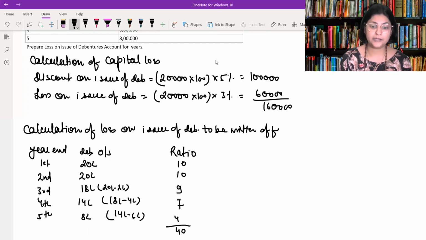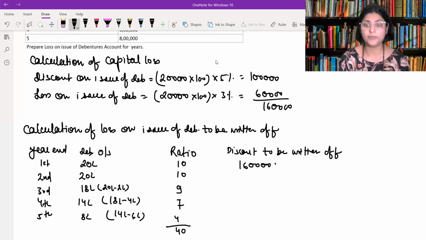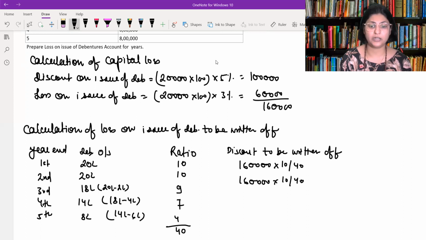Now, I will write off the discount to be written off. It would be 1,60,000. From where did we get 1,60,000? We calculated it just above. 1,60,000 into 10 divided by 40. Here also the same thing, 1,60,000 into 10 divided by 40.